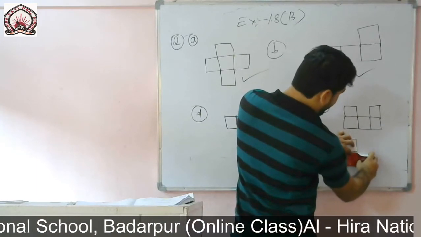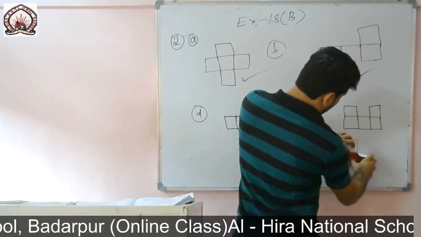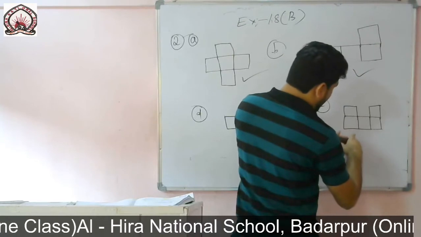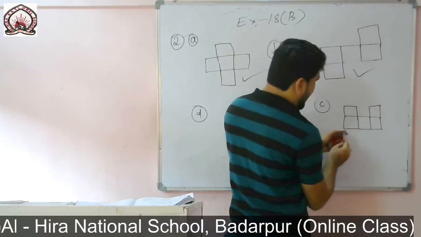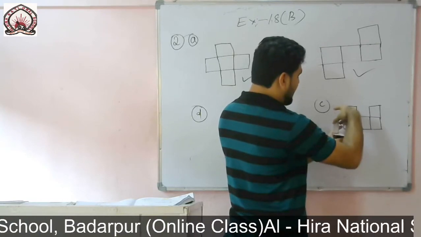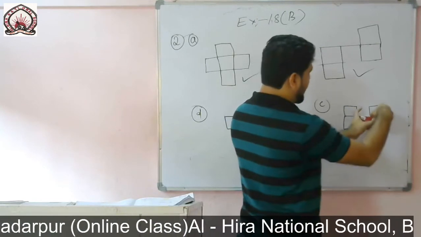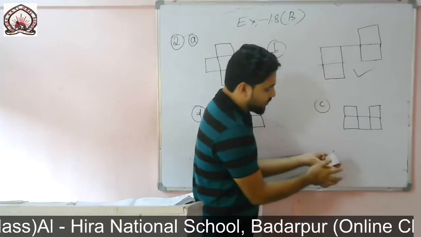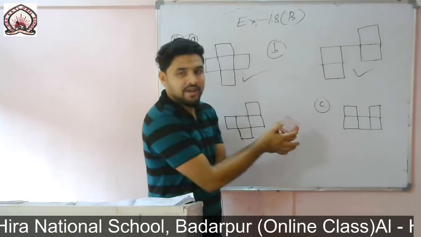If I fold them, then there are two tops, and the two tops will what? Overlap. You see, there are two tops, one top from that side, and one top from this side. So these two tops will overlap, and two sides will remain open.